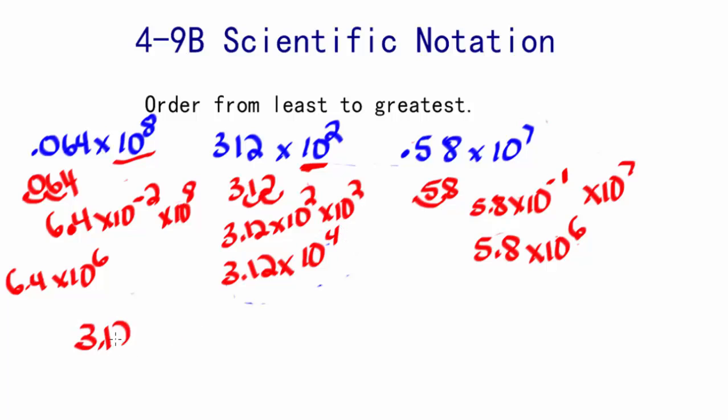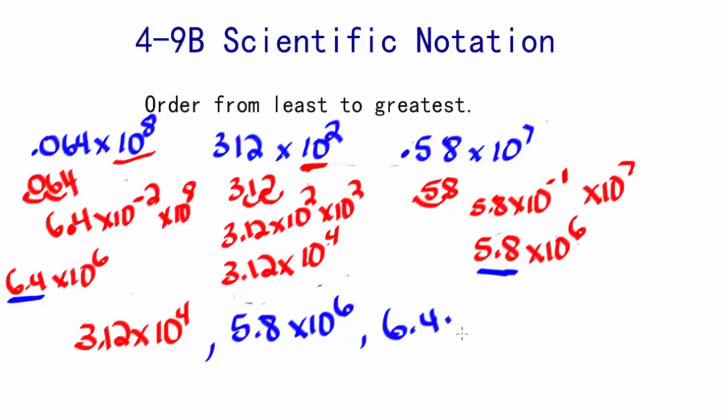So 3.12 times 10 to the 4th, that's the smallest. Okay, now when we look at our next two, since they're both 10 to the 6th, then you look at which one of the main numbers is smaller. Okay, so 5.8 times 10 to the 6th is smaller than 6.4 times 10 to the 6th.